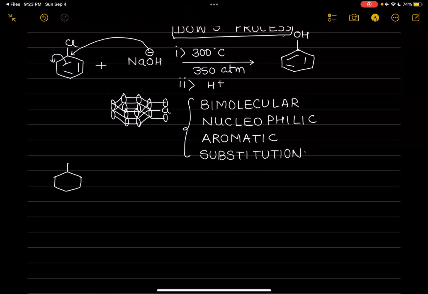Okay. So this is chlorobenzene. And what will be the rate of bimolecular nucleophilic aromatic substitution? Where will it be faster?